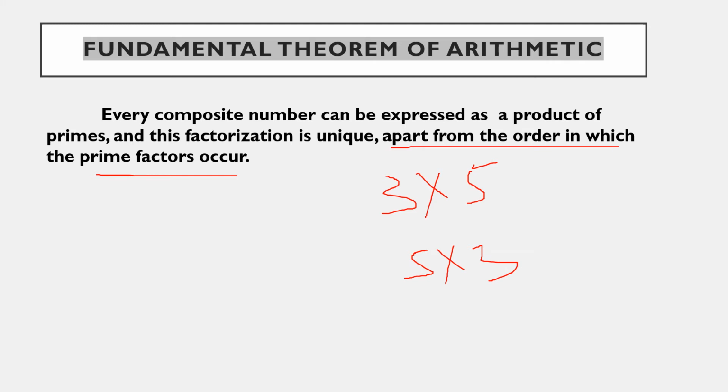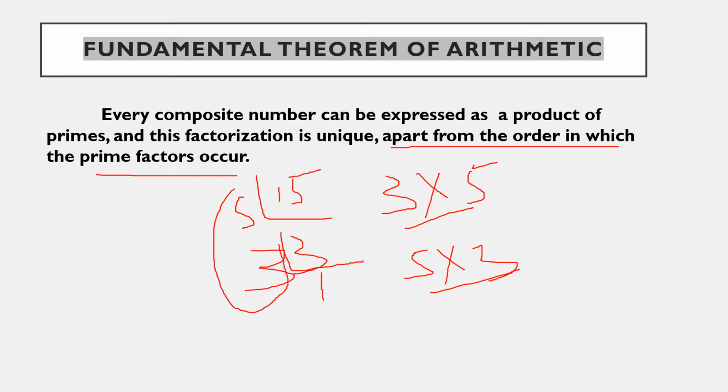Apart from the order means you can write in this order, or you can write in this order in which the prime factors occur. Suppose 15, just now I did like 3 5s are 15. I can do like this also, 5 3s are 15, right? So I can do in this way also. So whatever order you follow, these prime factors are same.